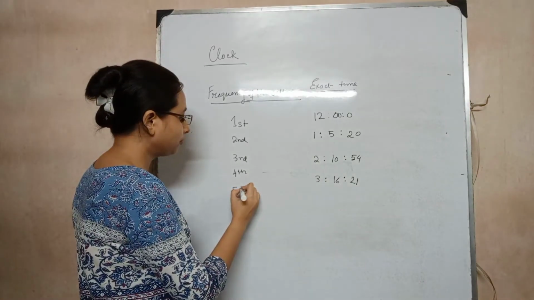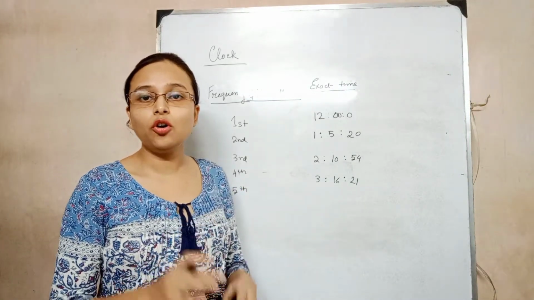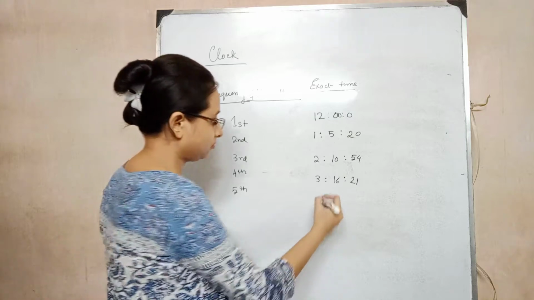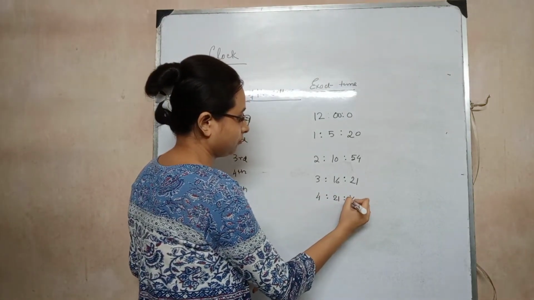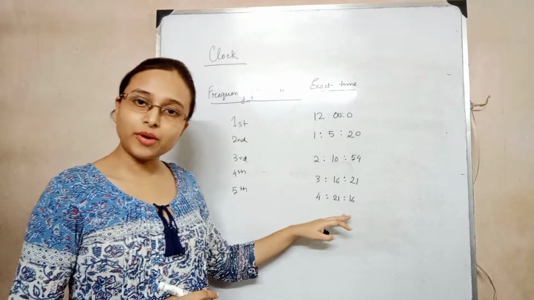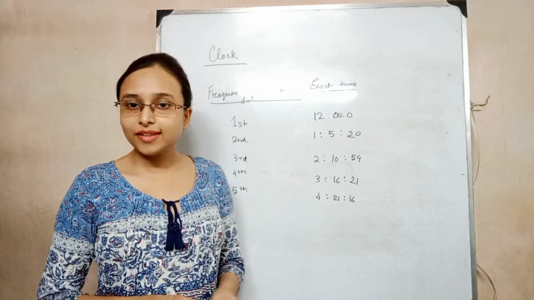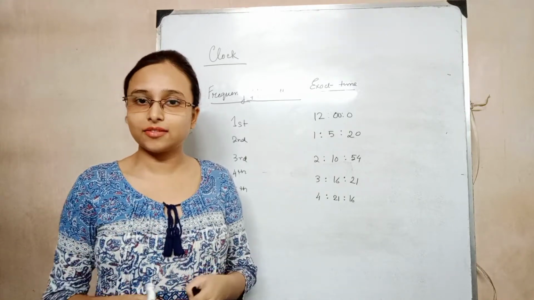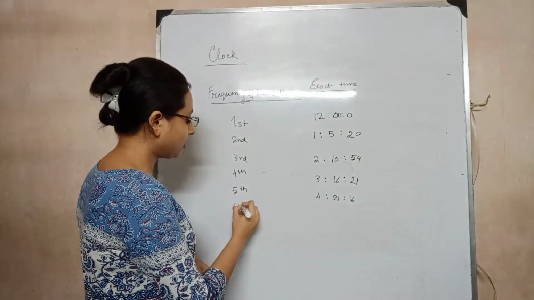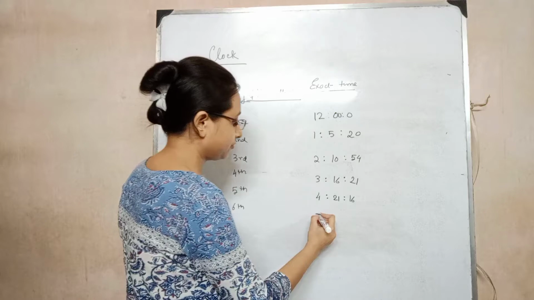Now talking of the fifth collision, this will happen at 4:21:16, that is 4 o'clock, 21 minutes and 16 seconds. Then I will proceed on to the sixth collision, which will happen at 5:27:36.